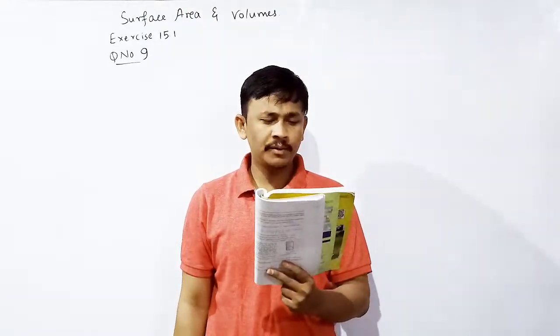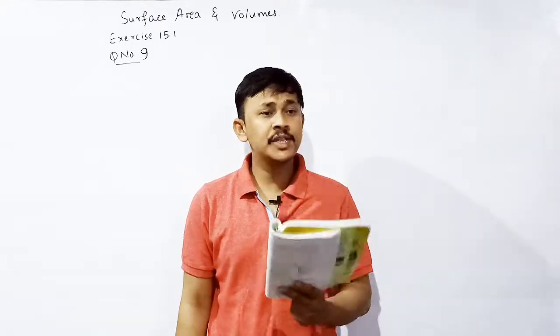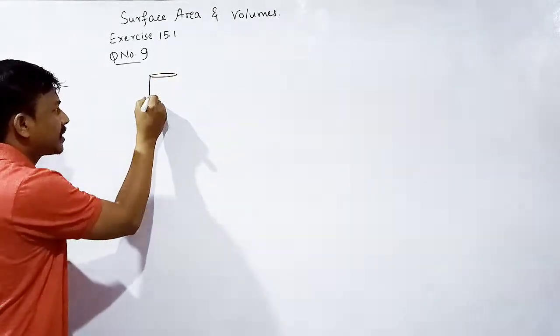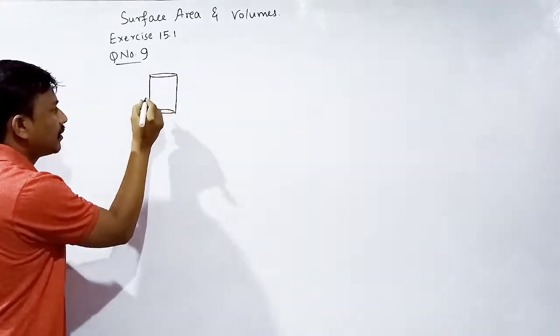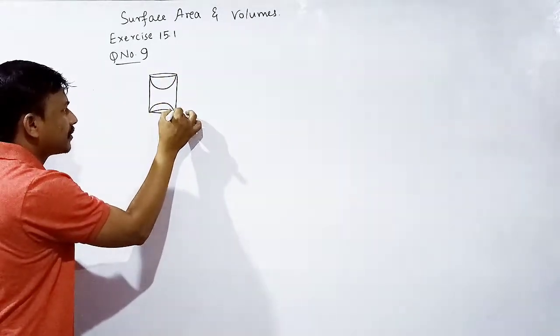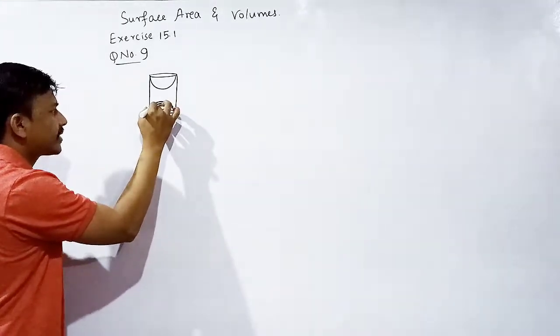A wooden article was made by scooping out a hemisphere from each end of a solid cylinder. Okay, there is a cylinder which is solid, there are two hemispheres which are carved out, that means cut out from the solid cylinder.